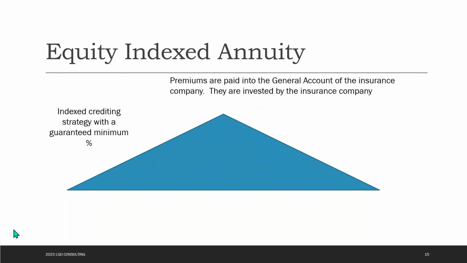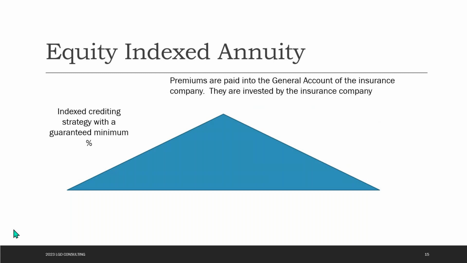The most common is the Standard & Poor, or a lot of times you'll hear it called the S&P 500. Okay? And so you get the upswing of the market through that index, I should say. Maybe there's a cap, but if the market drops or your index account drops, there's a guaranteed minimum. So there's what we call a floor and a cap in most cases, not in all.